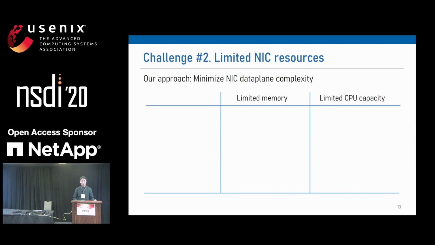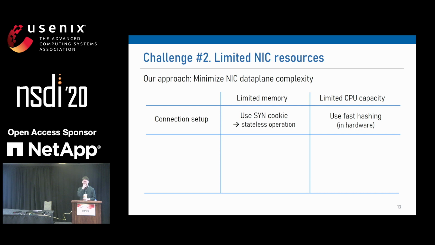To take full advantage of the NIC offload, we introduced several different techniques to tame down the complexity of the NIC data plane. First, in connection setup, we use SYN cookies to make it a stateless function. To prevent any state explosion attack, we need to use cryptographic hash functions. Luckily, today's smart NICs support them, optimized in hardware, so we can avoid the CPU bottleneck in this case.